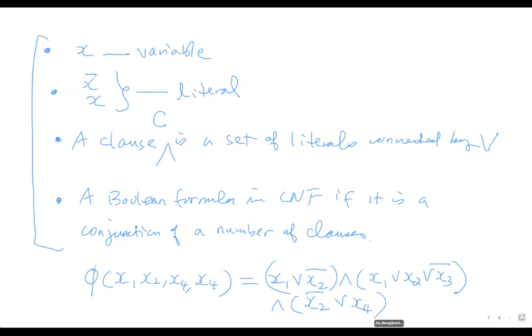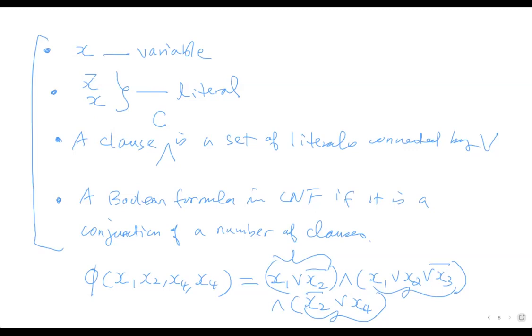So this is a Boolean formula in conjunctive normal form. I have 3 clauses here. So this is one clause, this is another, and this is another. So we have a conjunction to connect these clauses, and each clause is a disjunction of literals. So that is this concept.